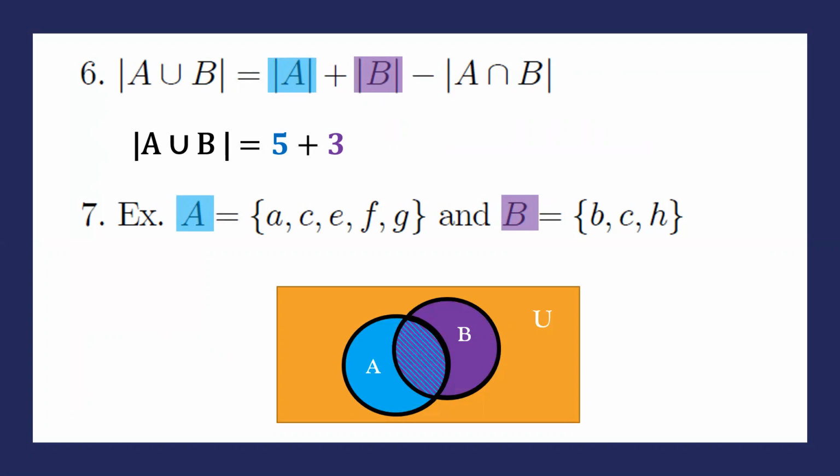Now the problem here is that you'll see right there in the intersection, it's been shaded both blue and purple. So anything that's in the intersection, in this case, the element C, has been overcounted. It's been counted twice. So we have to get clever and subtract out 1 copy of the intersection.